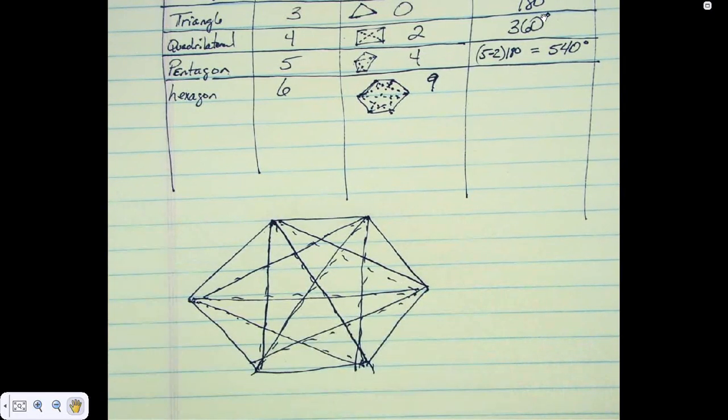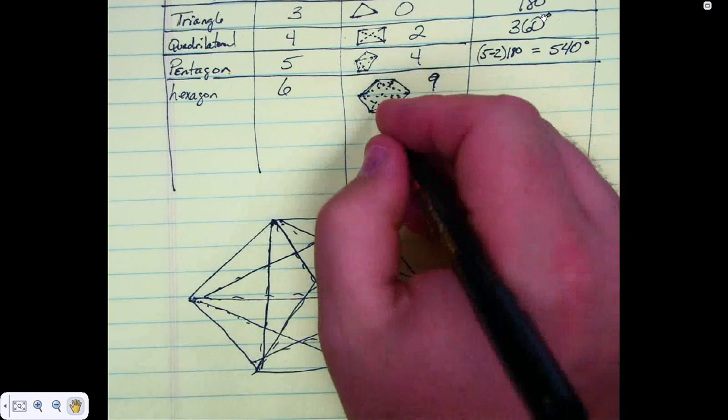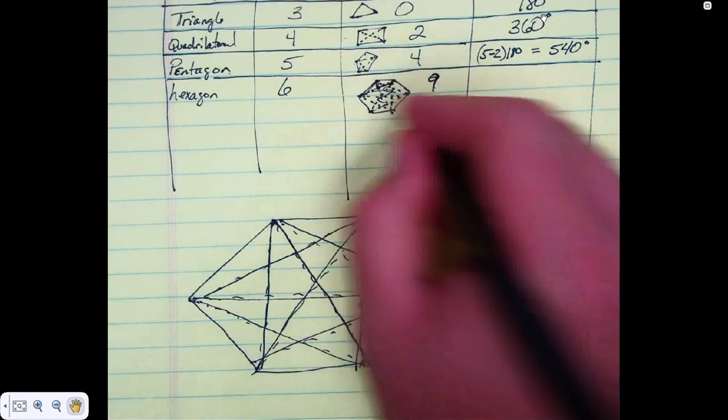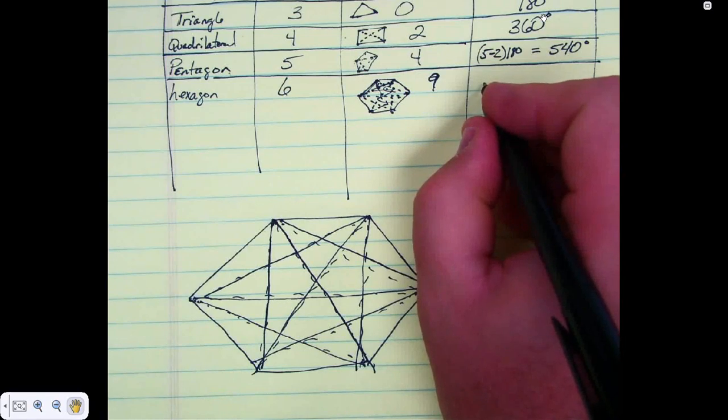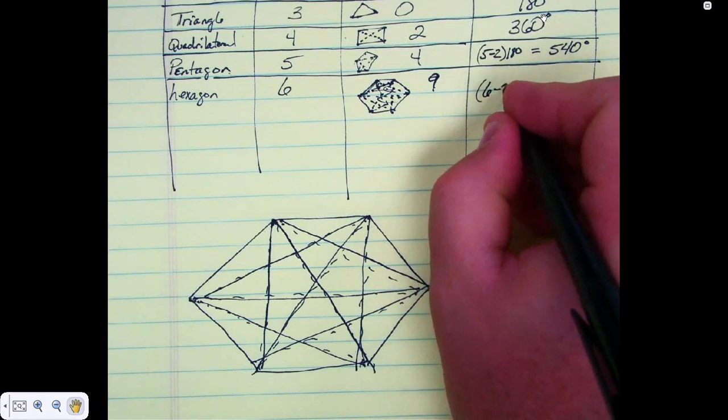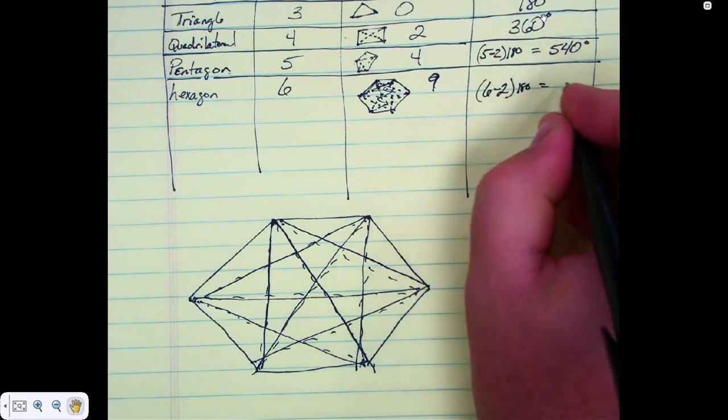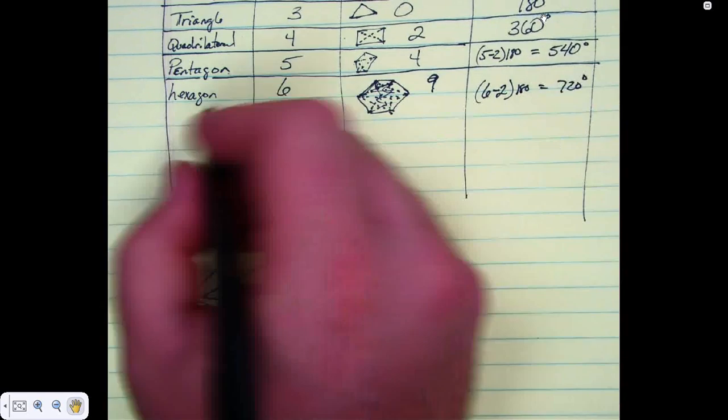Let's see. How about here? 720. How would I get it? 6 minus 2, times 180, and you get 720 when you put that into your calculator.